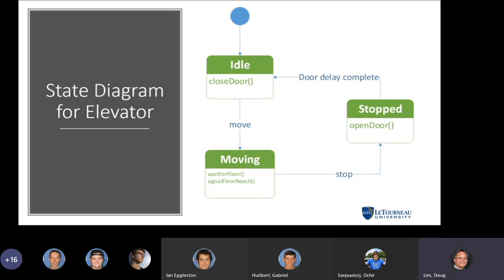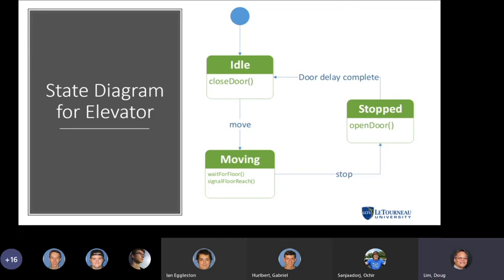So one thing that strikes me is after the door is open, could you go directly to moving, or do we always go to the idle state, or is there some kind of intermediate state? I'm thinking that from the stop state, we open the door, you can go directly to the moving state if you get a push button that says we're going to move.